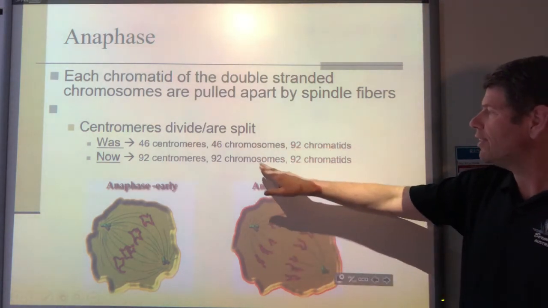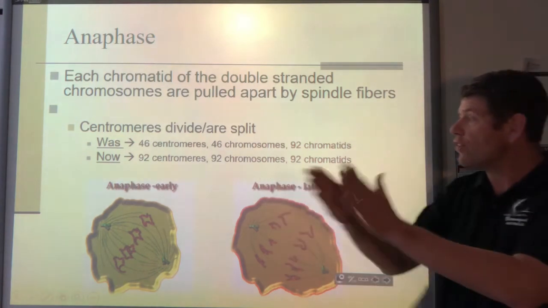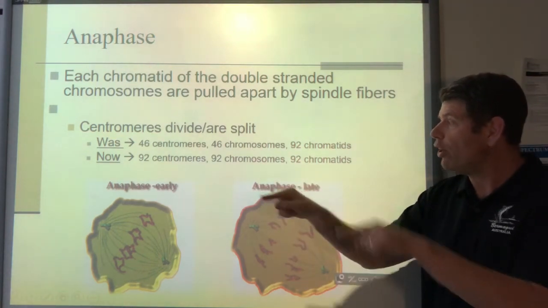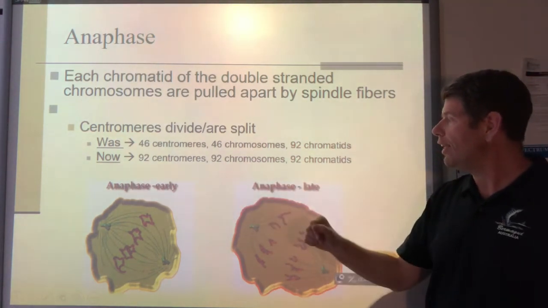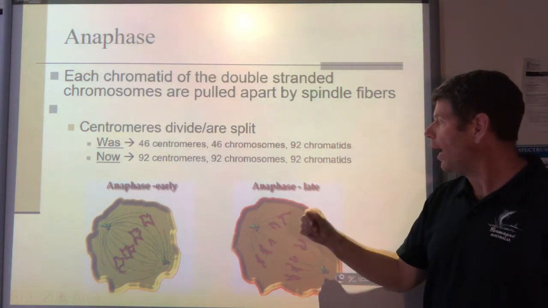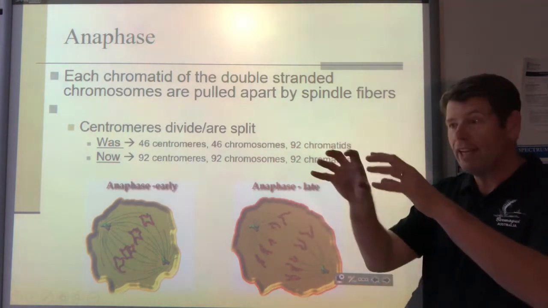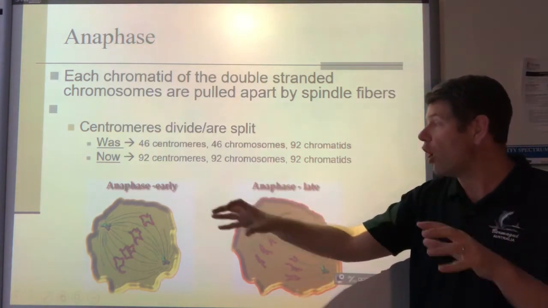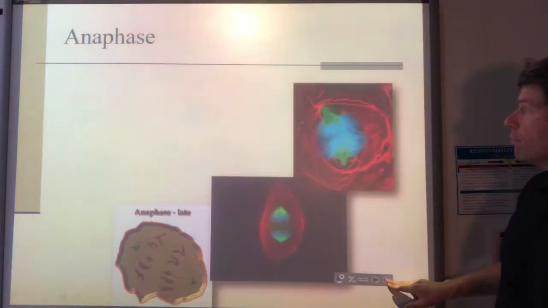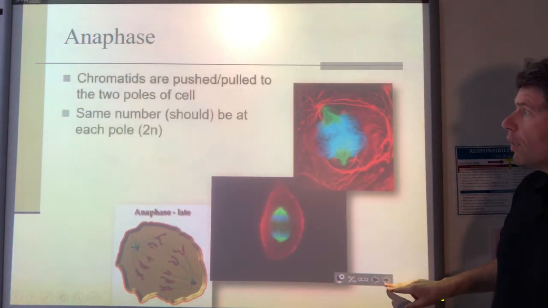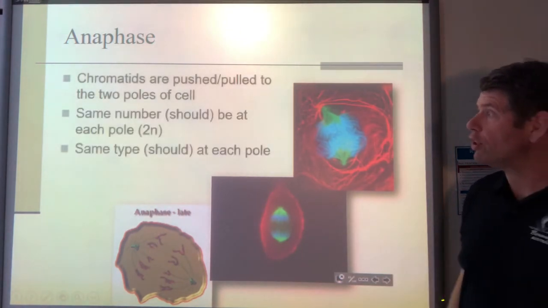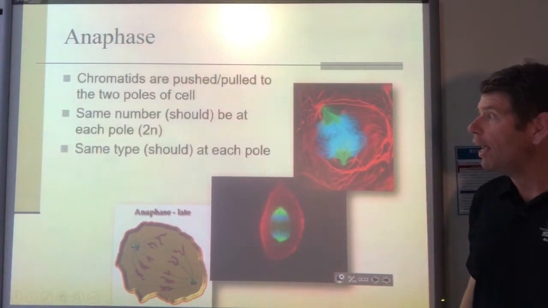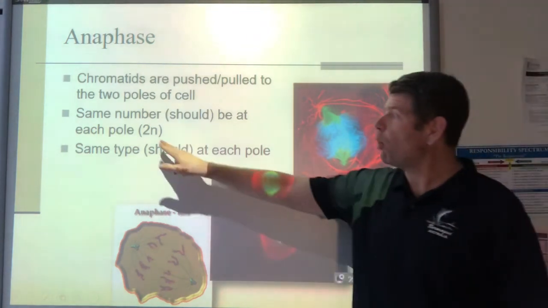So we have, as I was saying, since the sisters have split and each one has a centromere, we have 92 individual chromosomes because we want to take those chromosomes and remember, have 46 chromosomes in each daughter cell. So the chromatids are pushed or pulled to the two poles of the cell, and the same number at each pole now is 2n.